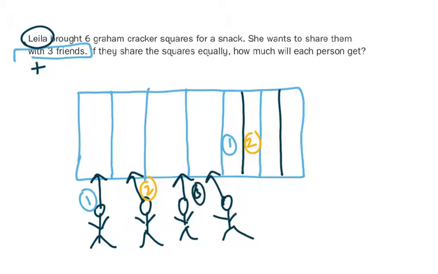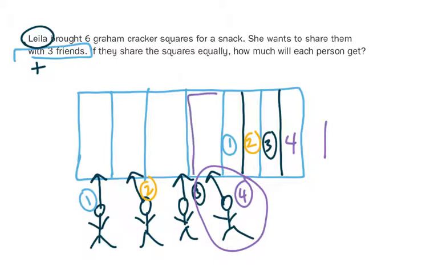Friend number 3 will get this one. And Lila will get this one. How much is that per person? So if I just look at Lila, she's going to get 1 full one. So she gets this much right here. And then she gets this much as well. So she's getting 1 2/4.